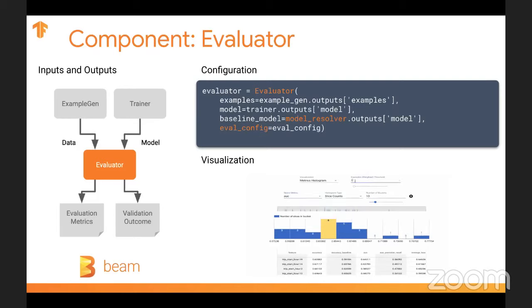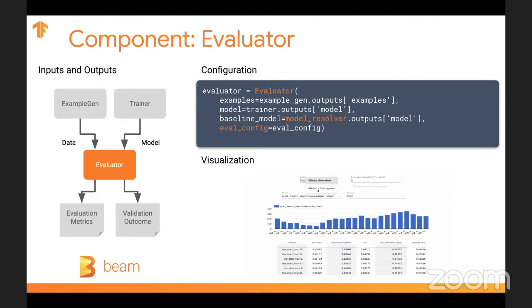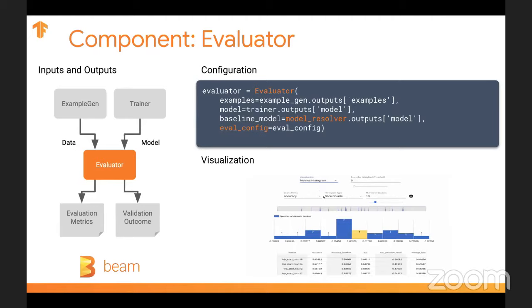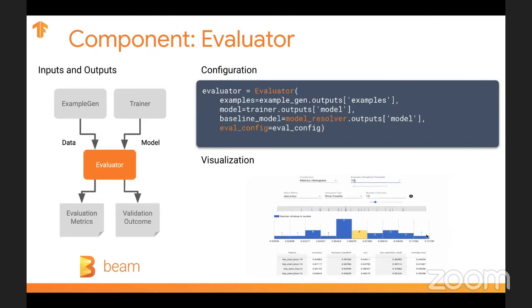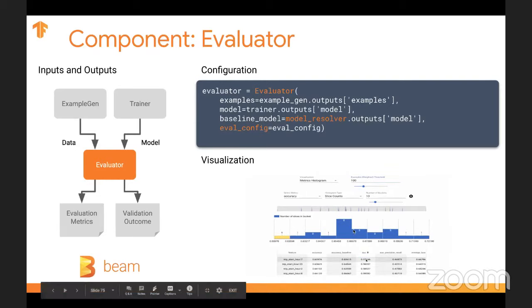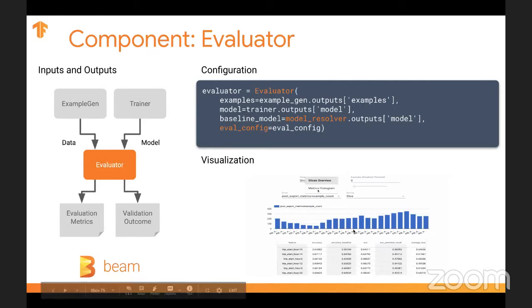It's looking at individual slices of your data set to understand how the performance is different for different slices. Those slices really depend on the domain that you're working in and what makes sense for that domain. So it could be the hour of the day if you're working with something that is sensitive to that. It could be different groups of customers. It could be different parts of your product line. However it makes sense in your domain to slice that data, that's how you want to analyze it.